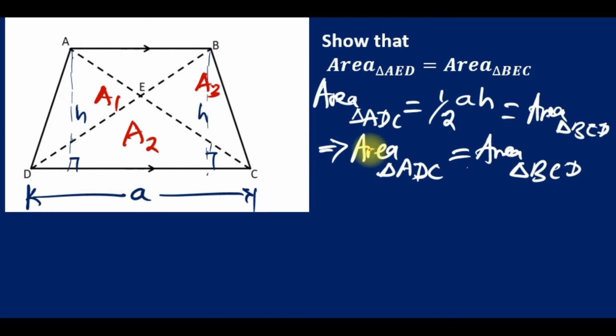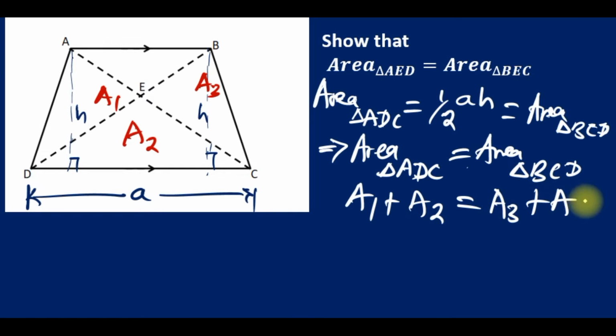You now see that ADC is the same thing as A1 plus A2, while the area of BCD is the same thing as A3 plus A2. So what do you notice?